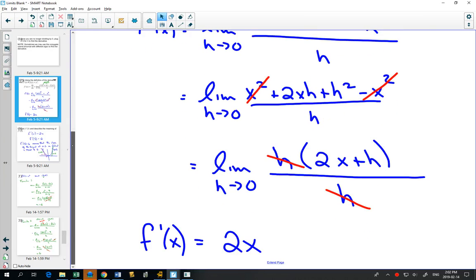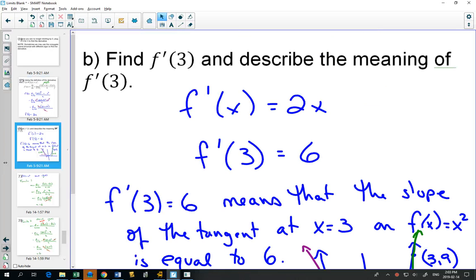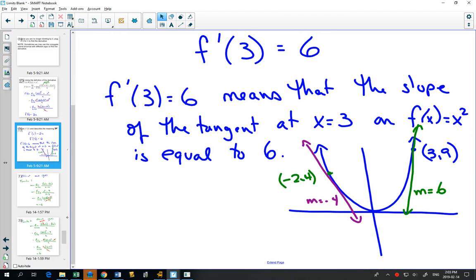And when we evaluate our limit here, this is so much more powerful because now we have a formula for all the slopes. No matter where on our parabola we want to look, as we drew here on the next slide, we can find the slope of the tangent anywhere.